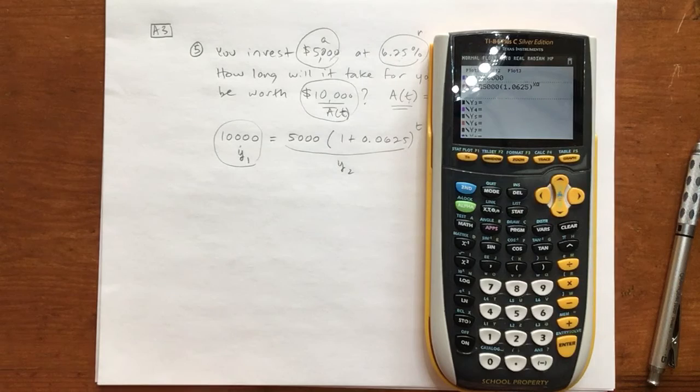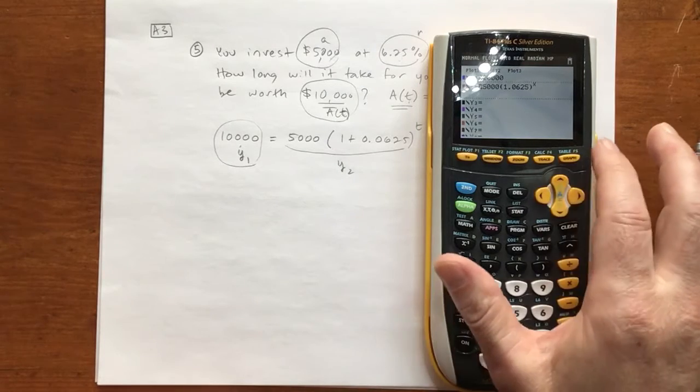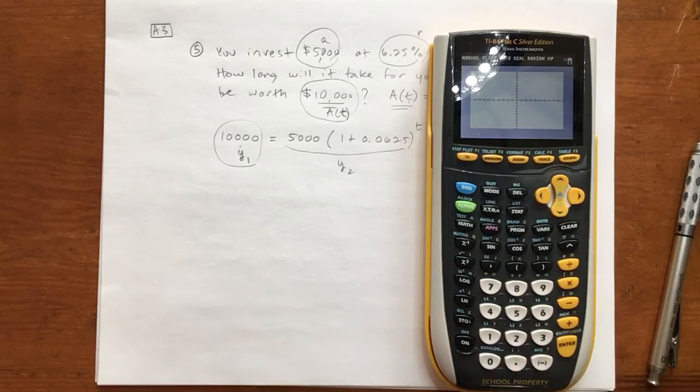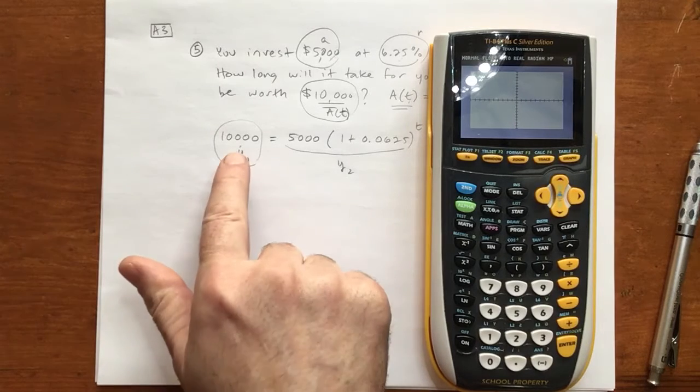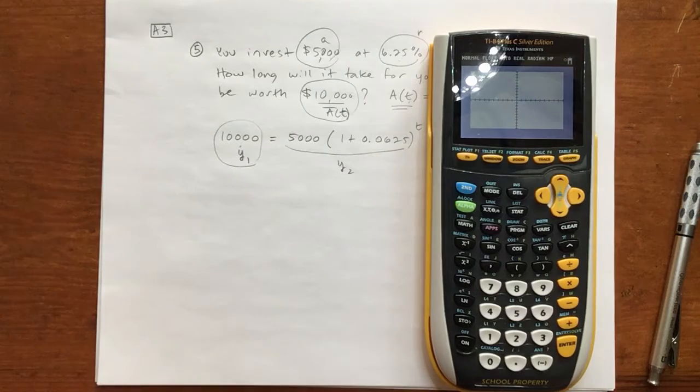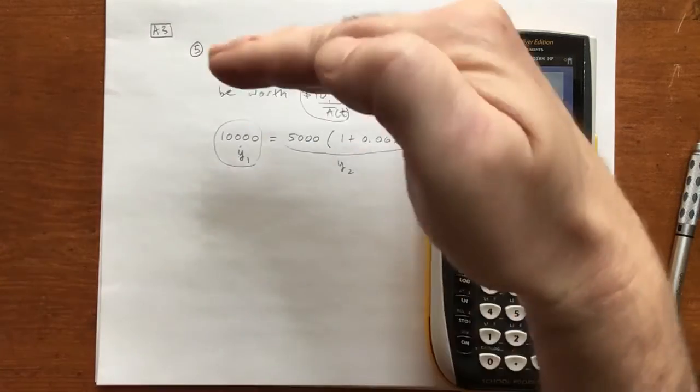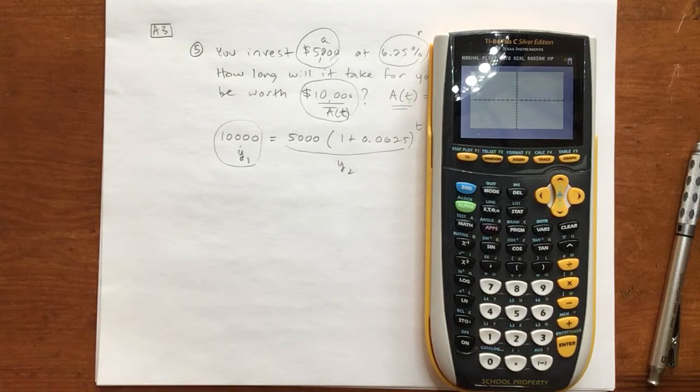Okay, we'll make it x here. And if I just hit zoom 6, a standard zoom, I'm not going to see these curves. Think about what we're looking for. We're looking for y equals 10,000. That's a horizontal line. That's way up at y equals 10,000.